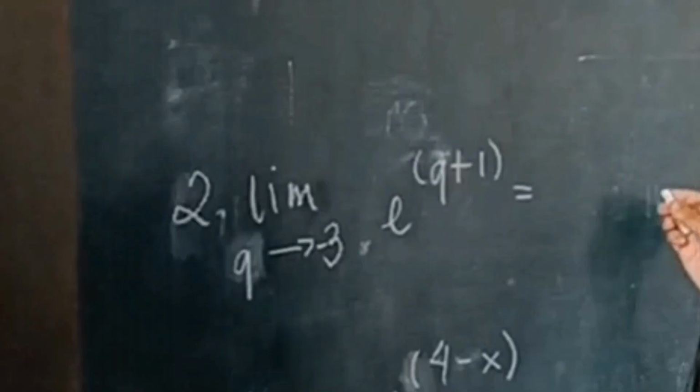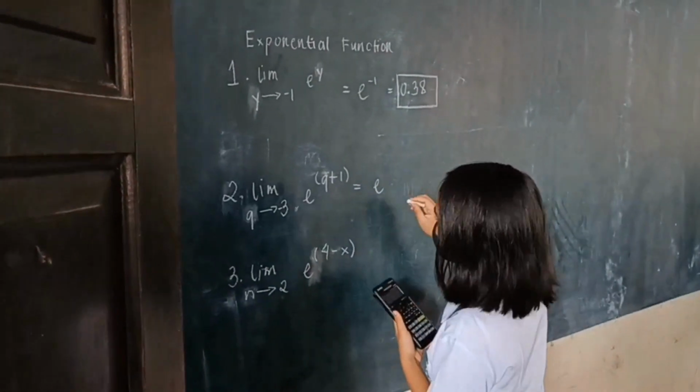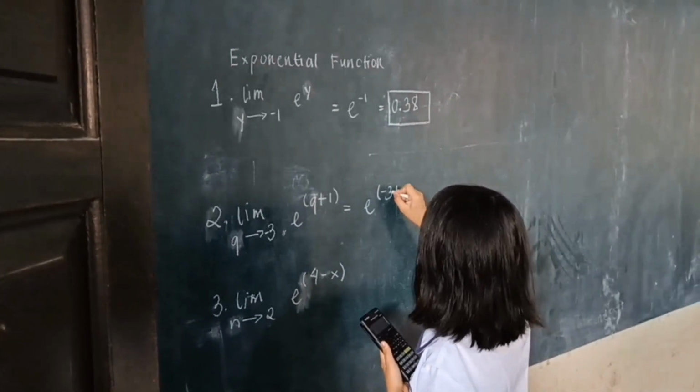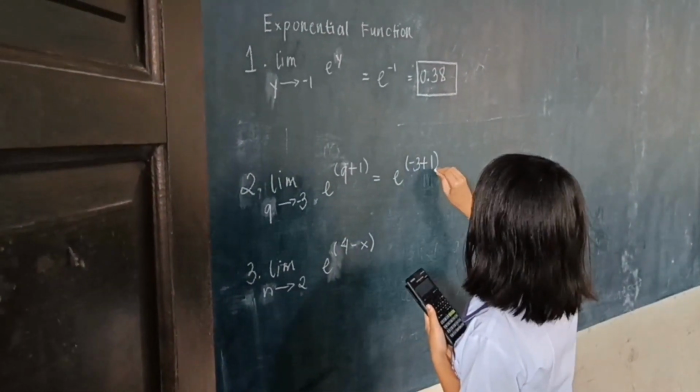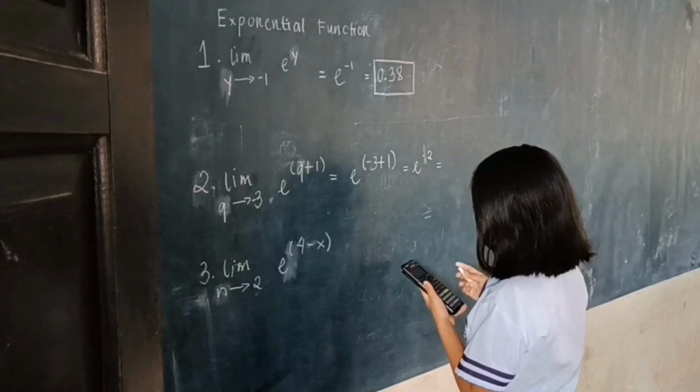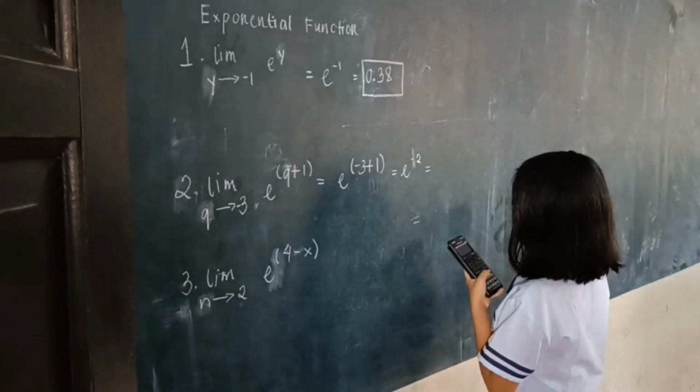For example number 2, the limit as q approaches negative 3 of e to the power of q plus 1 is equal to e to the negative 3 plus 1, which is e to the negative 2, and is equal to 0.14.